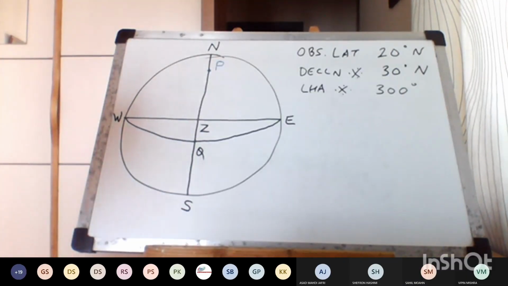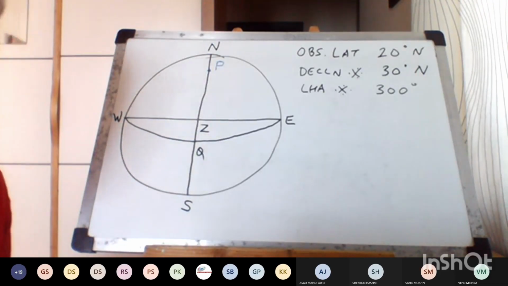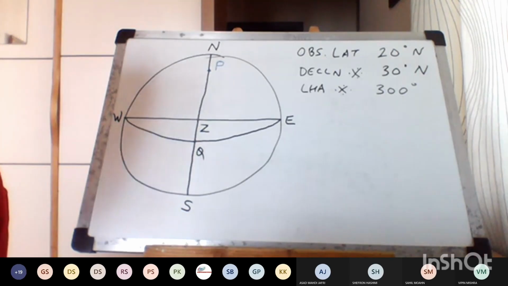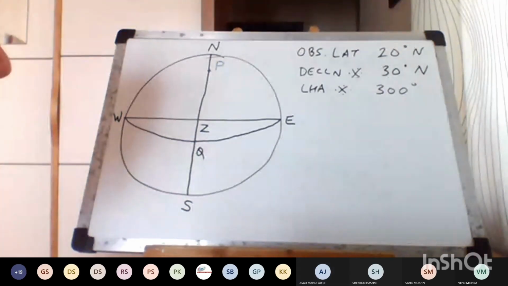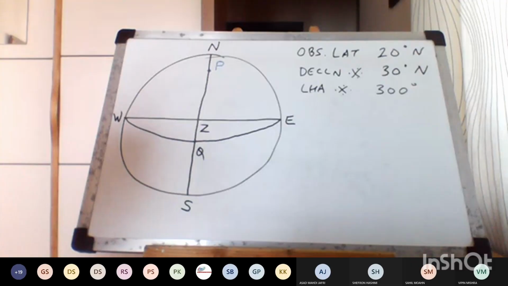I'm very glad that you people have understood. I hope everybody else is also following. Only 4 or 5 people answer all the time. Others also should participate. The other thing is the declination, and let us do the declination now. 30 degrees north. Yesterday, did you get a chance to study those 10 figures which I had told you?